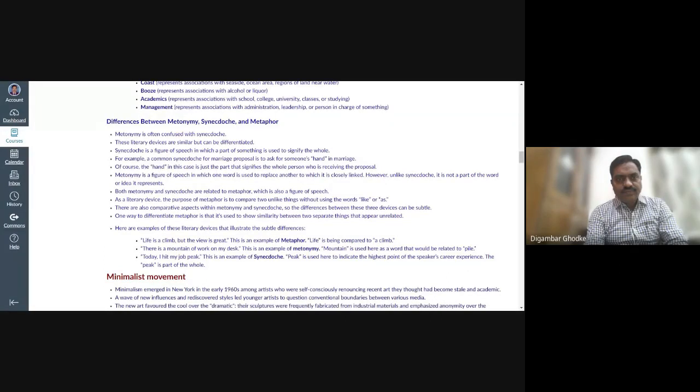The difference between these devices can be very subtle, it is not easy to understand, but one can differentiate. One way to differentiate metaphor is that it is used to show similarity between two separate things which appear unrelated.